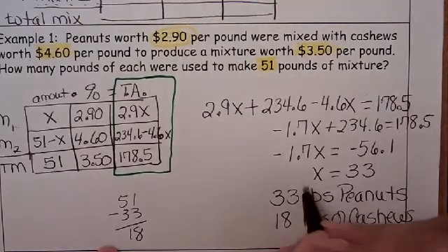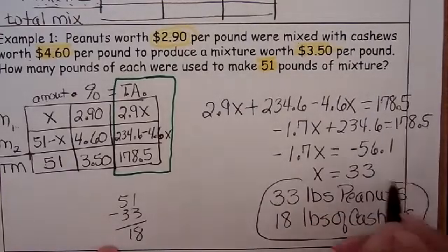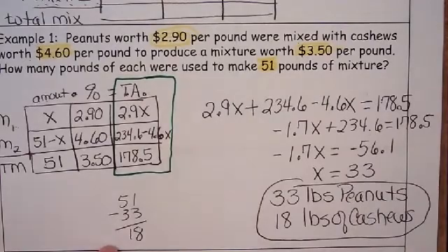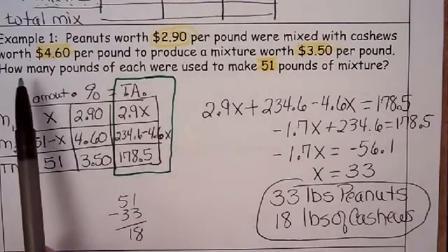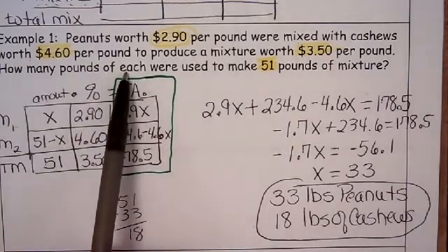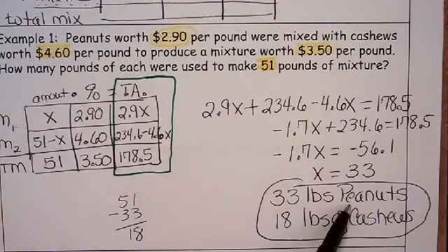Have I answered the question that they asked? Absolutely, because it said how many pounds of each. And I have pounds of peanuts and I have pounds of cashews. Okay, stop your video right here, copy it down, back it up, reverse it, rewatch it if you need to. Okay, then go to example 2.